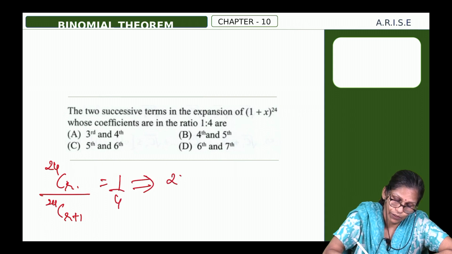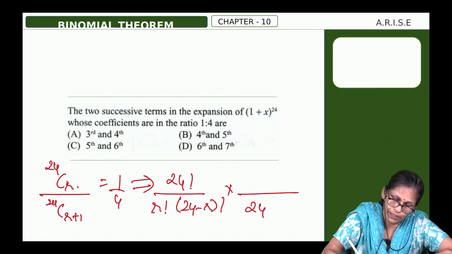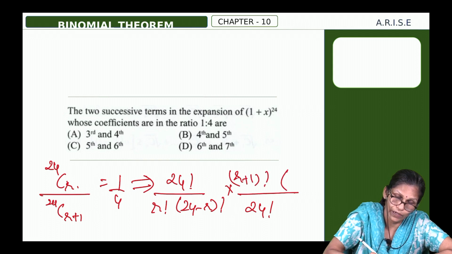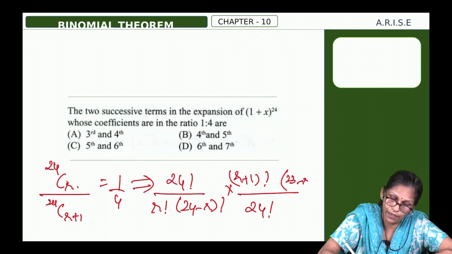So, that means 24 factorial by r factorial into (24 − r) factorial, into (r + 1) factorial into (24 − r − 1), which is (23 − r) factorial, is 1:4.